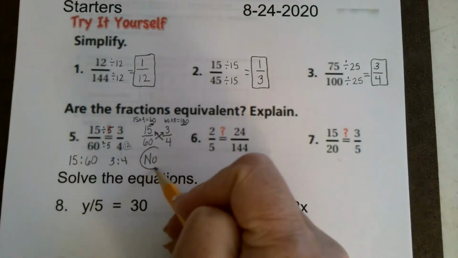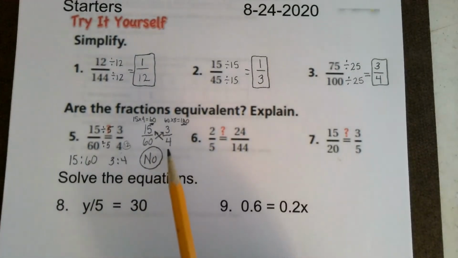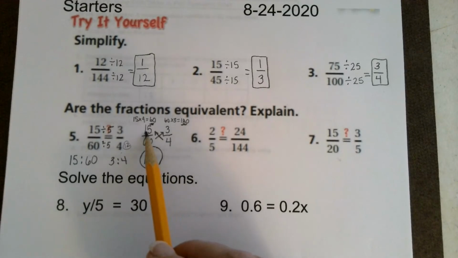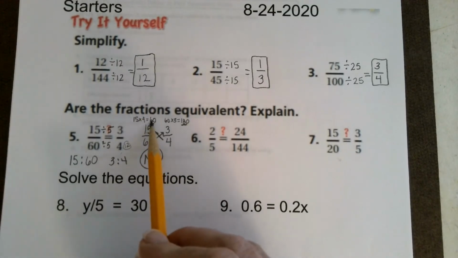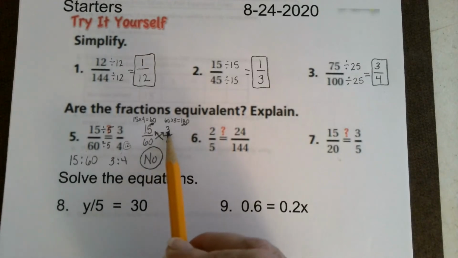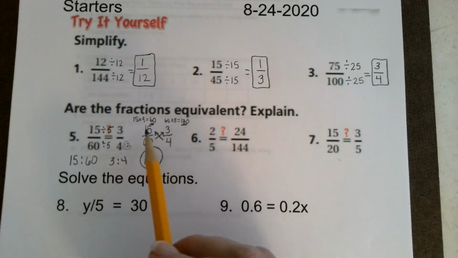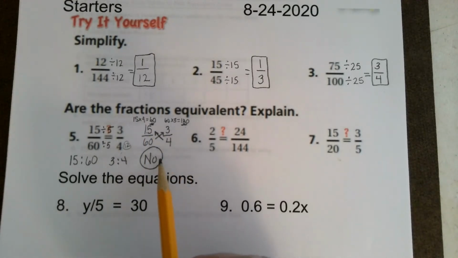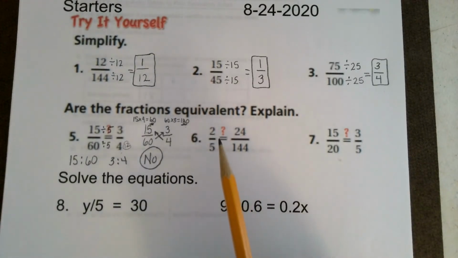I like to do the cross multiplication way because that's going to lead us into proportions. So again, if you just multiply 4 times 15, that's equal to 60. And then 60 times 3 is 180. And since those two are not equal, they are not equivalent. All right, so we can do the same thing here.